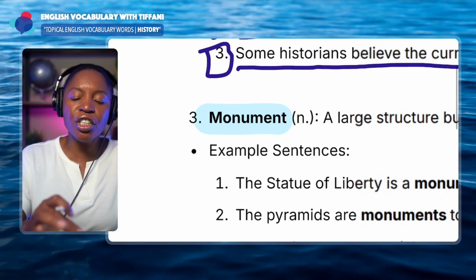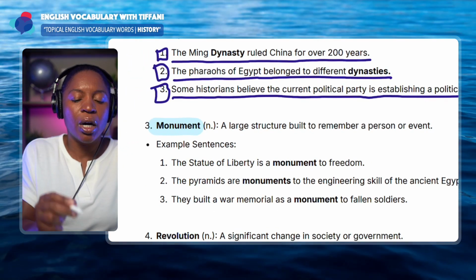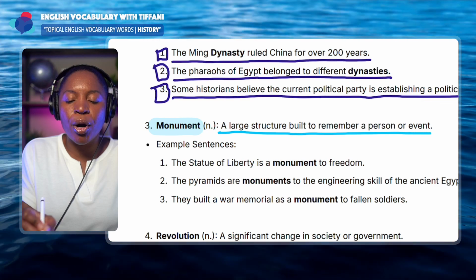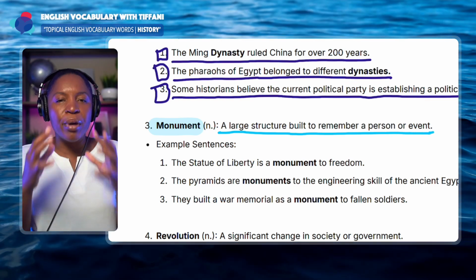Great job. Now, this term monument, it literally just refers to a large structure built to remember a person or event. A large structure built to remember a person or event. So in America, and again, being an African American woman, one very, very important figure in our history is Dr. Martin Luther King Jr. And I live in the Maryland, D.C. area.